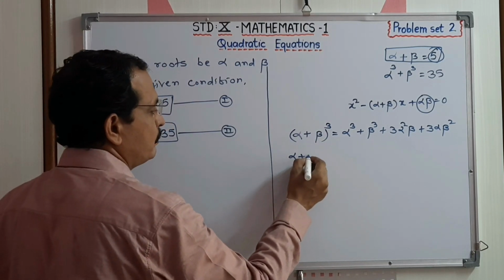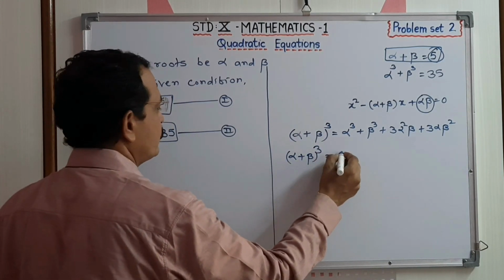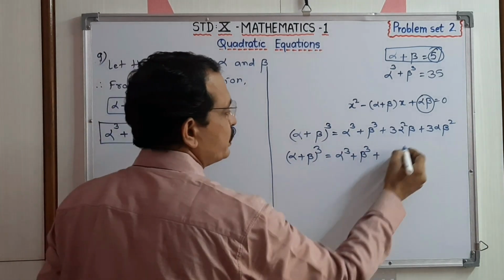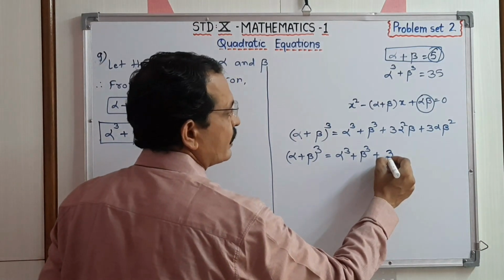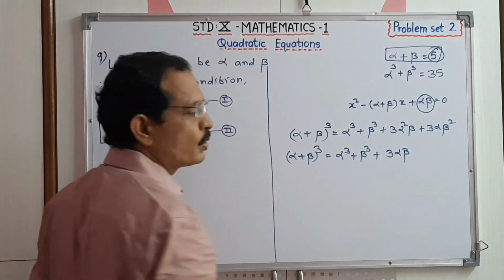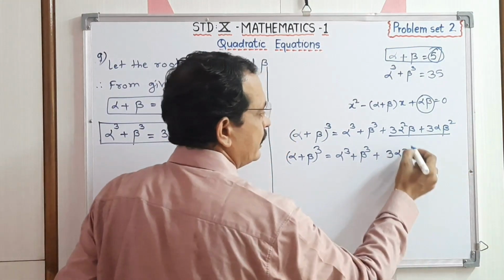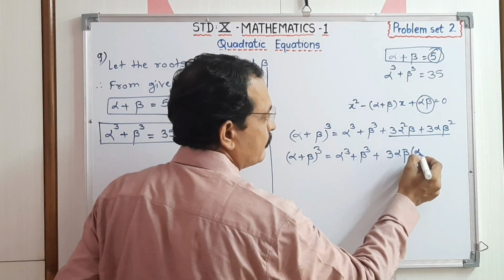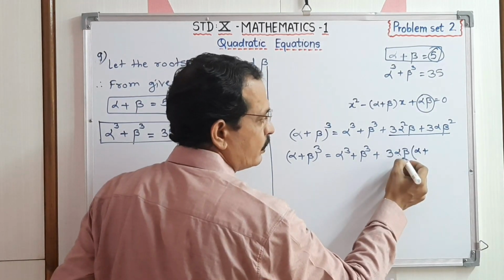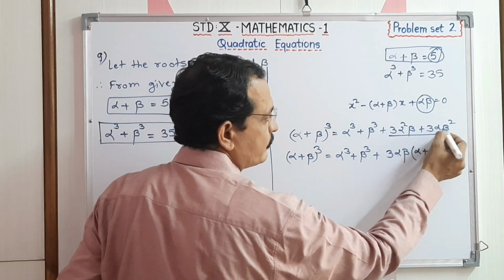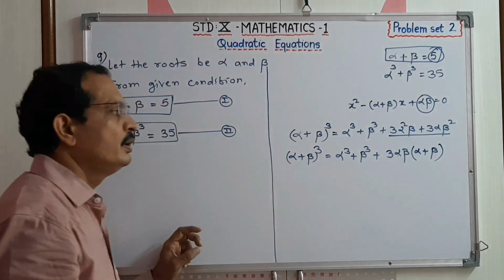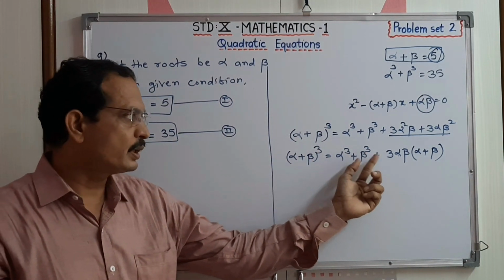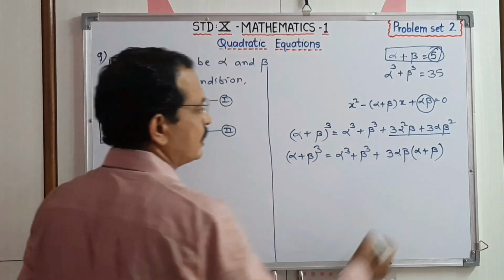See here, alpha plus beta cube is equal to alpha cube plus beta cube plus, from this we can take out 3 alpha beta as a common factor, and then what remains is alpha plus beta.